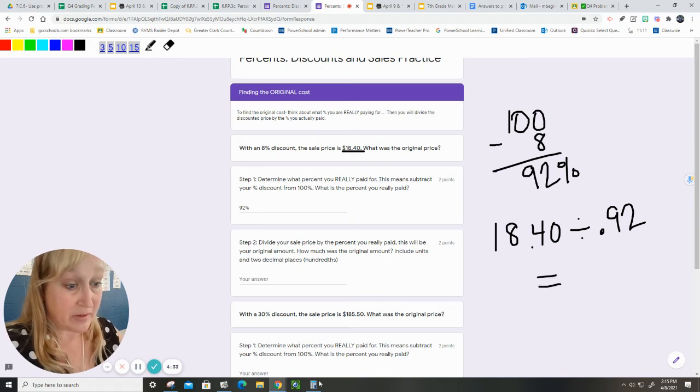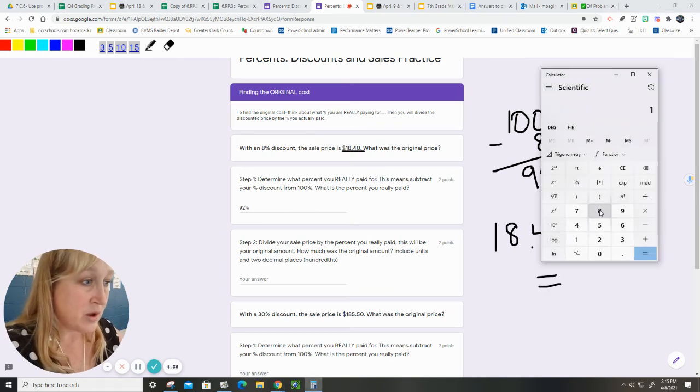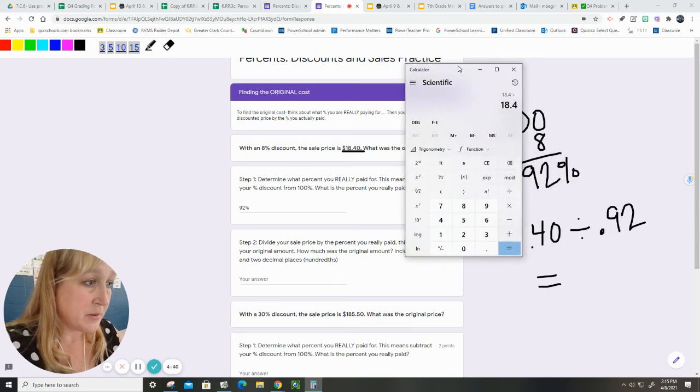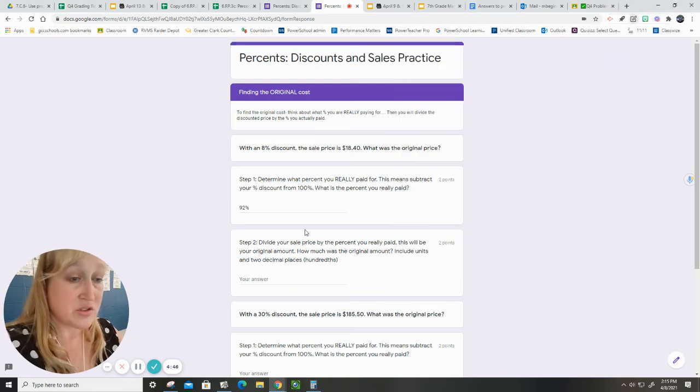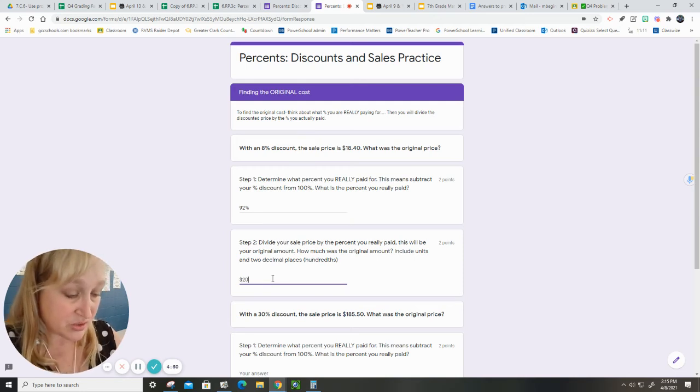I'm going to need my calculator. 18.40 divided by 0.92 means my original price was $20. So I will type that in there with the appropriate amount of digits, 0.00s, as instructed.